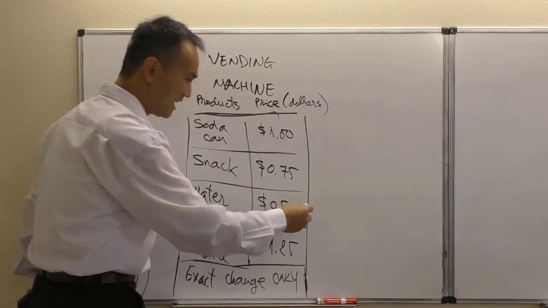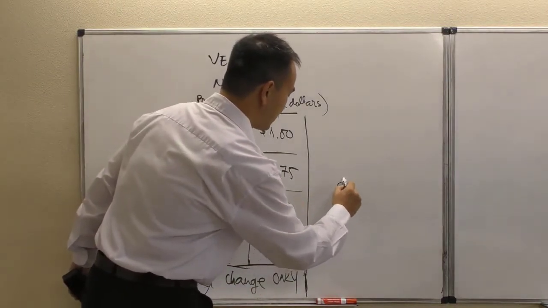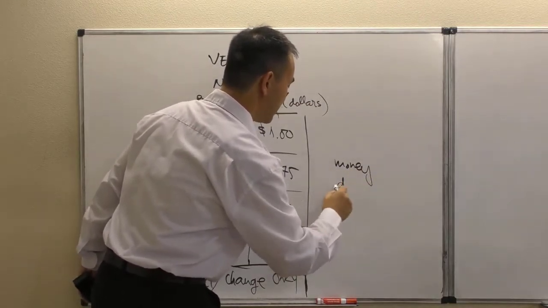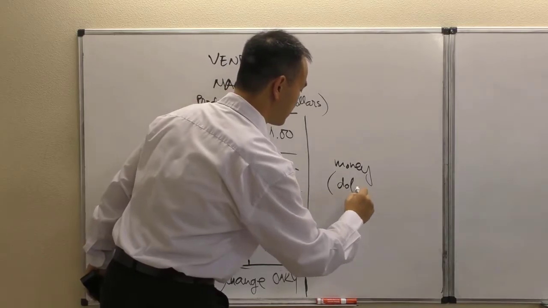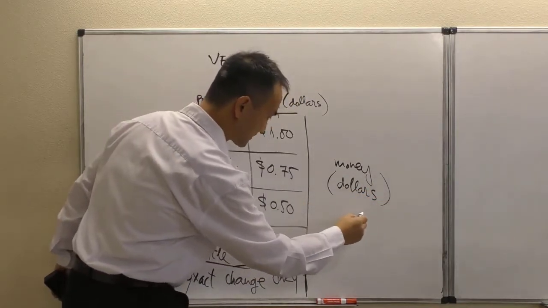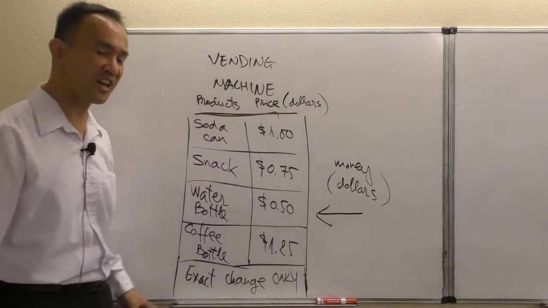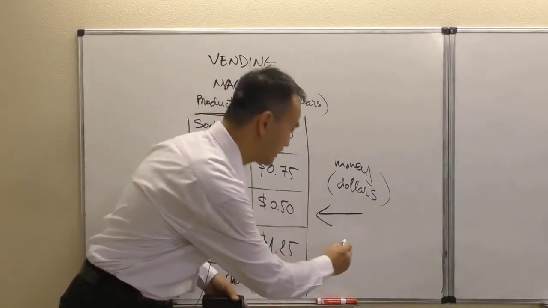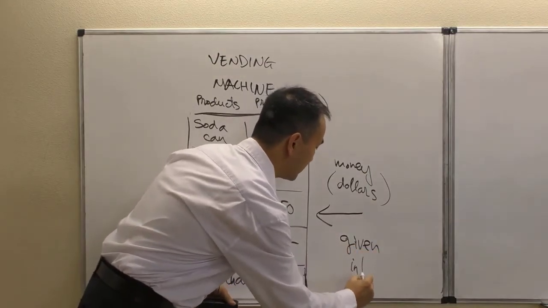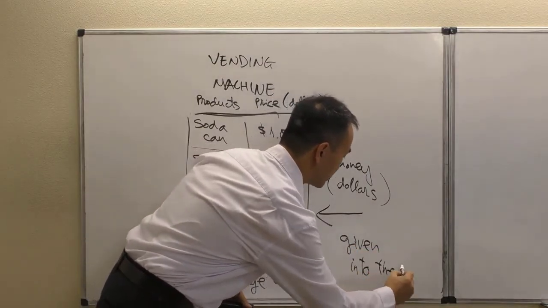So the idea is that money, in dollars, is given into the machine. I'm drawing an arrow to indicate we give the money in.